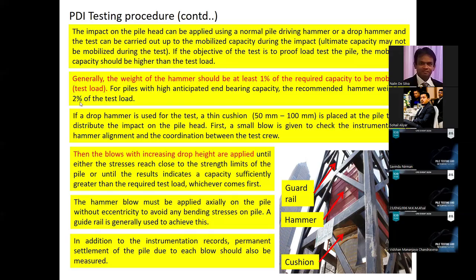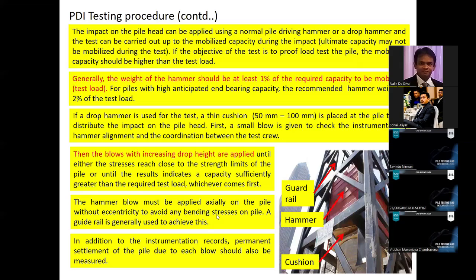For large diameter piles, it is better to go up to 2% of the test load for the weight of the hammer. And you need this kind of guard rail to guide the drop of the hammer. Otherwise, there can be eccentric impacts. Eccentric impacts can affect the pile response, and the pile can undergo bending also, right, due to eccentric impact. So we must try to prevent that.